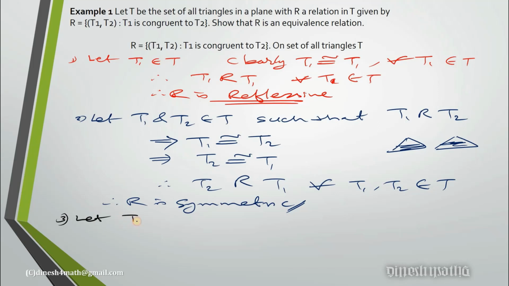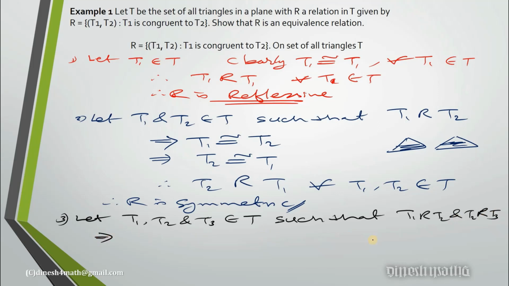Let T1, T2 and T3 belong to the set of all triangles, that means any three triangles, such that T1 is related to T2 and T2 is related to T3. Now I will explain how they are related. T1 is related to T2 means T1 is congruent to T2, and T2 is congruent to T3. So that gives you what?